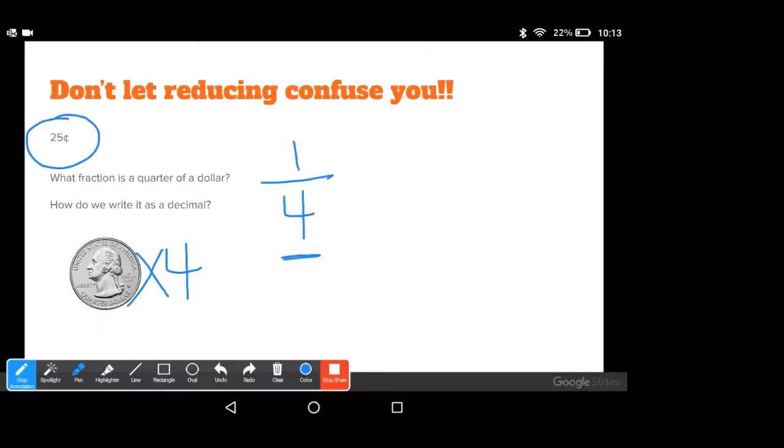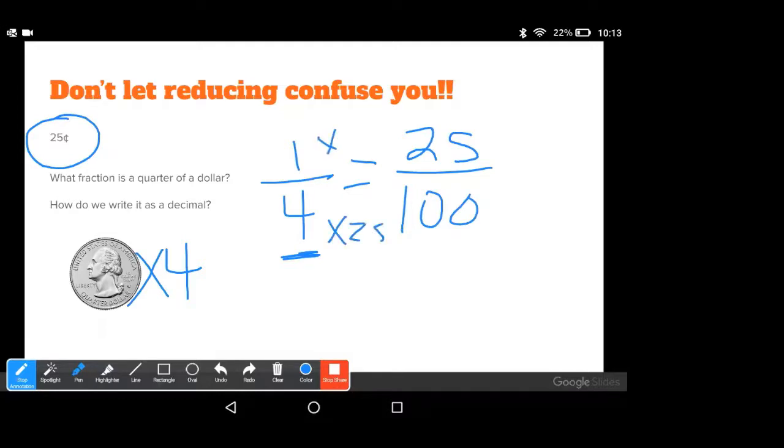But we just talked about, this isn't a 10, I can't convert this to a decimal. So if you're thinking about how many cents is in a quarter, it's 25 cents out of how many cents? 100. 100 cents make a dollar. But these two things are equivalent to each other. I can multiply by 25, multiply by 25.